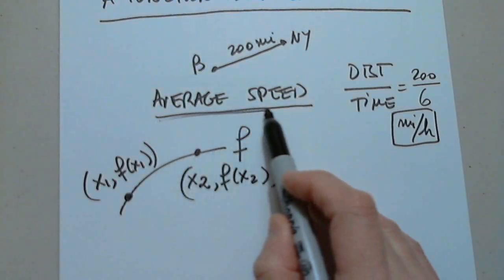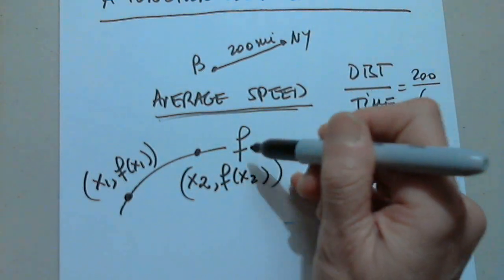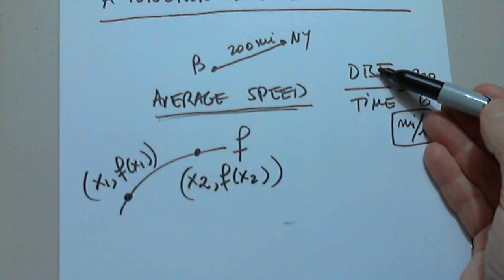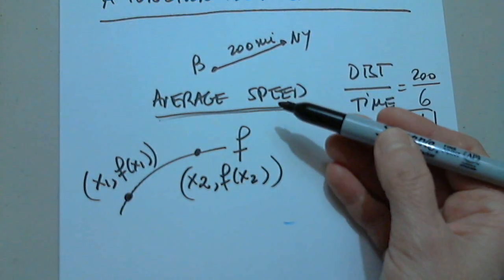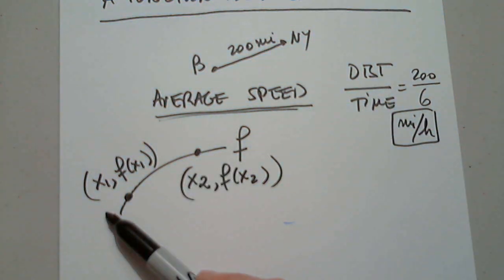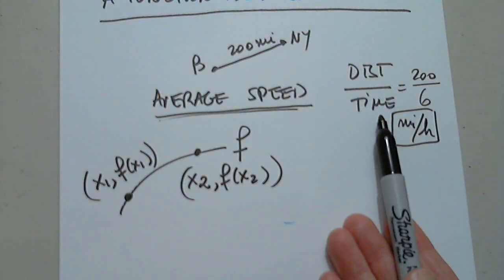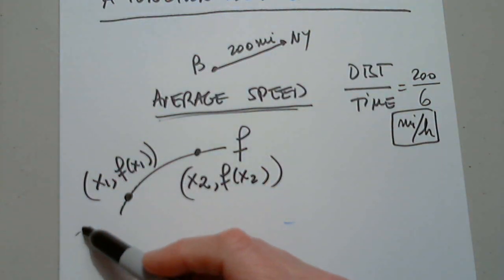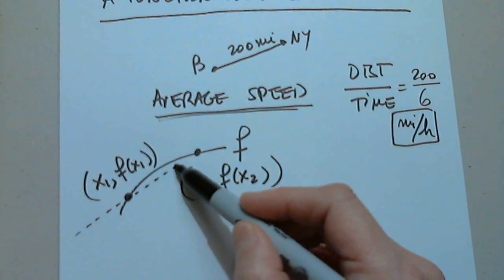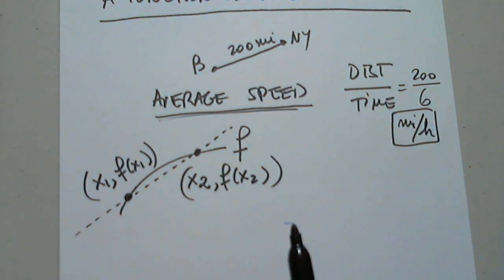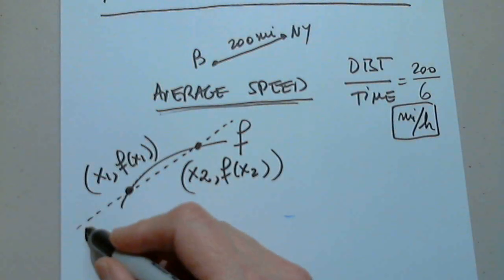How will I find the average rate of change of this function? It doesn't have to be distance, right? Any function between these 2 points. Same procedure. I imagine that I draw a line through these 2 points, and I find the slope of this line.